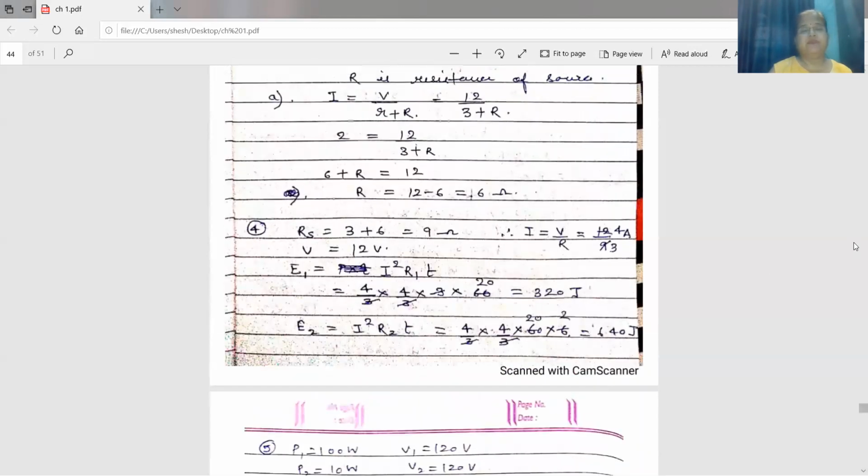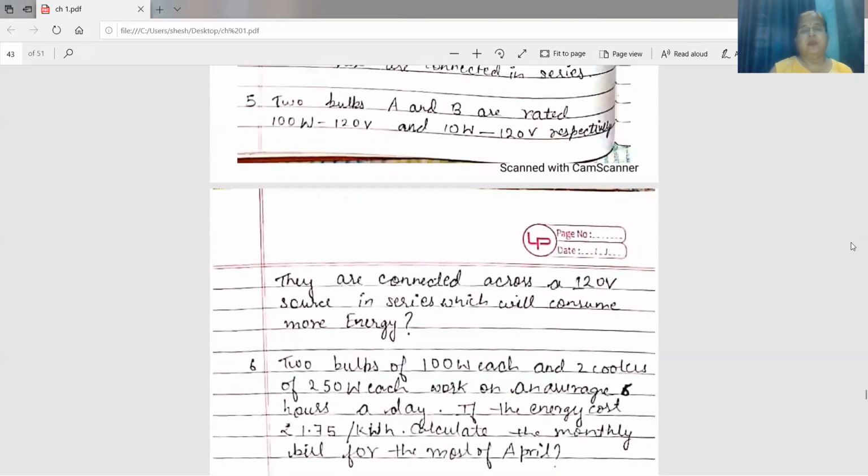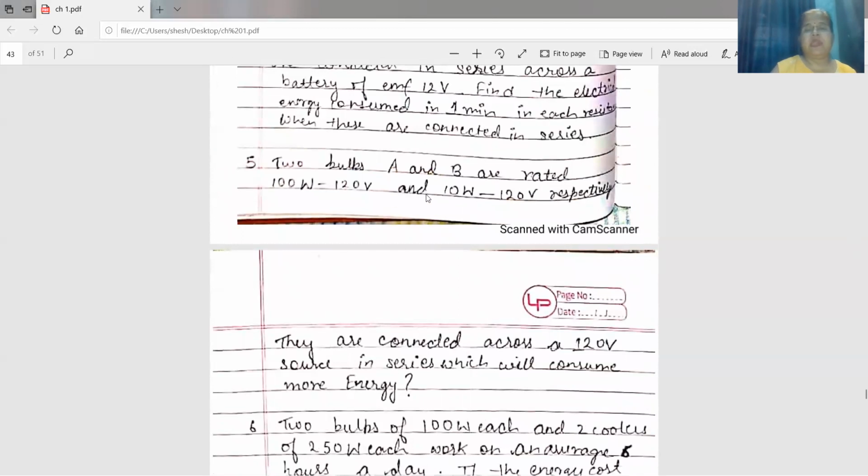Now next one, number 5. Two bulbs A and B are rated 100 watt and 120 volt. So the first bulb is rated, here P1 is 100 watt and V1 is 120 volt.